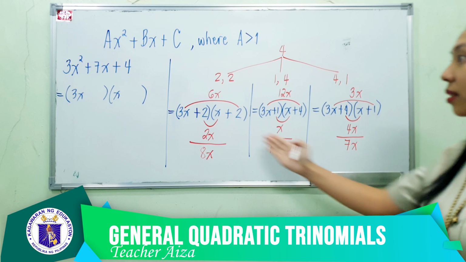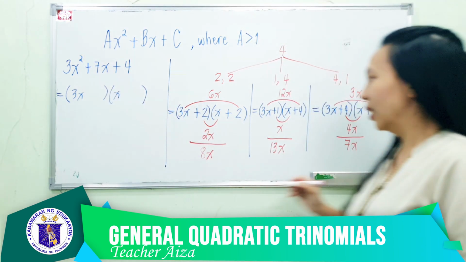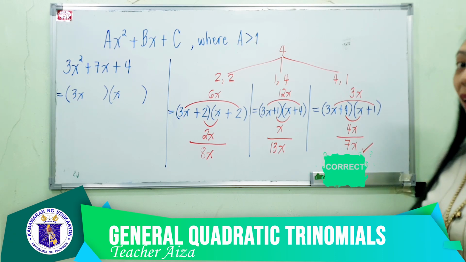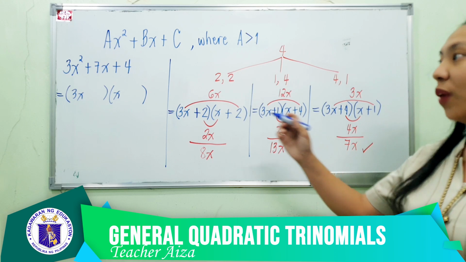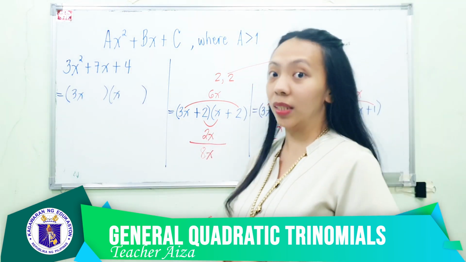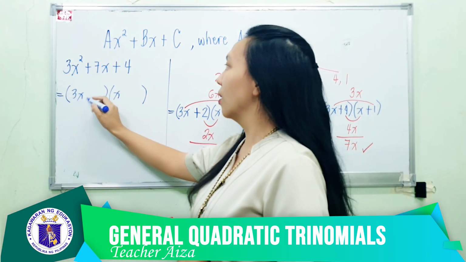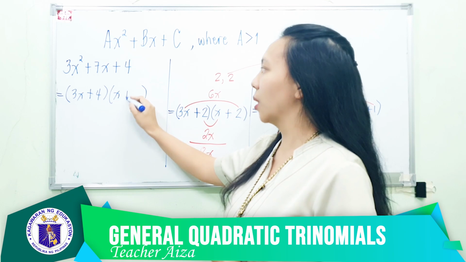Is 7x the middle term of the given polynomial? Yes. Therefore, we have arrived at the correct factored form of the given polynomial. The factored form of 3x squared plus 7x plus 4, therefore, is equal to the quantity 3x plus 4 times the quantity x plus 1.